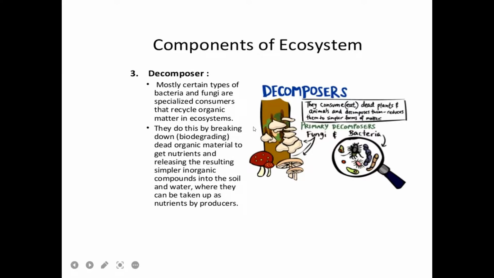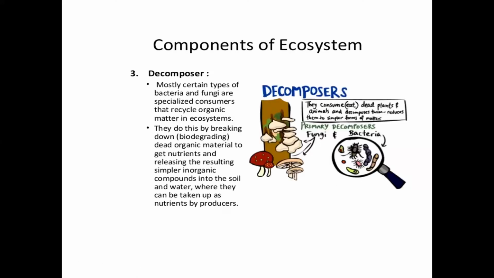Decomposers play an important role in maintaining the ecological balance. They consume dead plants and animals, decompose them and reduce them to simple forms of matter. Examples of decomposers are fungi and bacteria.